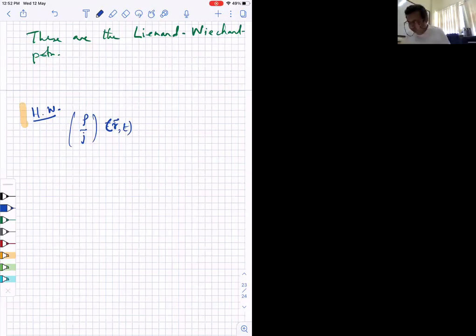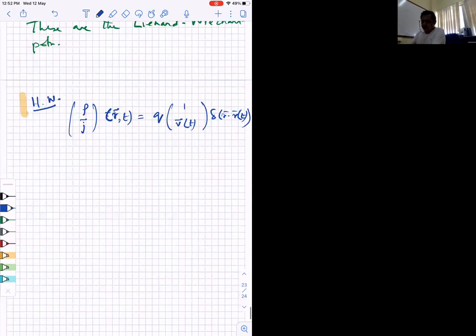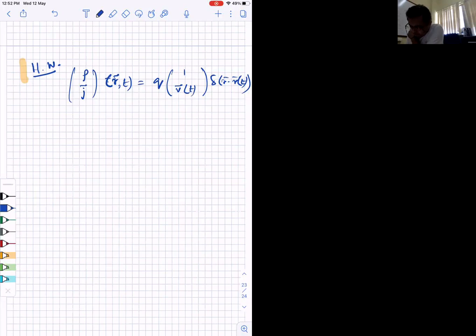Point charge basically means this will be q, and then v of t, and then there is a delta of r minus r of t. So this is a point charge that is moving along some trajectory.